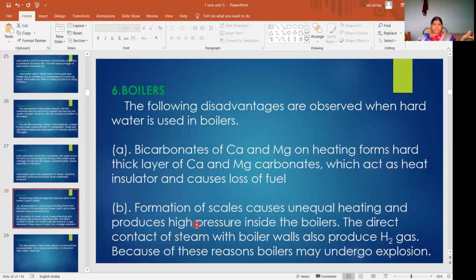Okay. So first one, formation of scales. Formation of scales takes place, that means a thick layer forms. Due to that, heating will not be equal on all sides, and high pressure will be produced inside the boilers. That is one reason. And the direct contact of steam with the boiler walls: when steam is generated, that steam will directly contact the boiler walls. That will produce hydrogen gas.